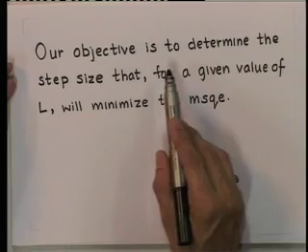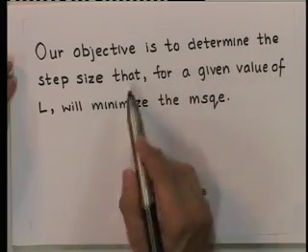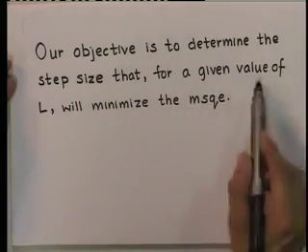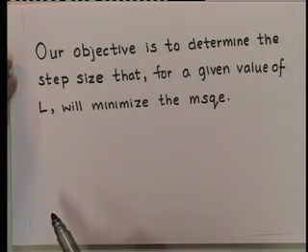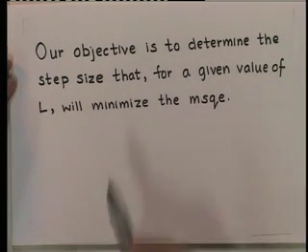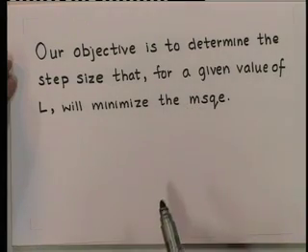Therefore, somehow we must include PDF in the design process of a quantizer. So, our objective is to determine the step size that, for a given value of L, that is number of levels of quantizer, will minimize the mean squared quantization error.